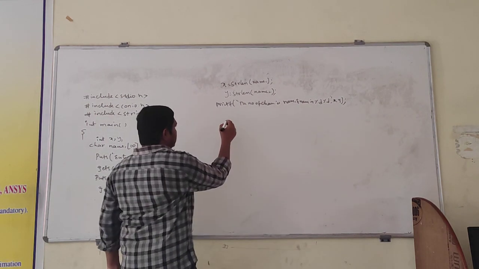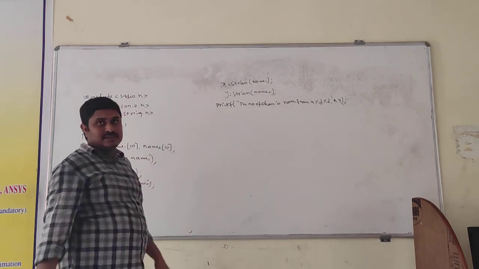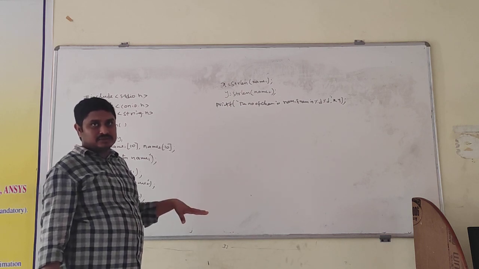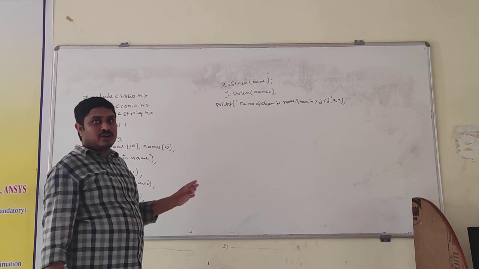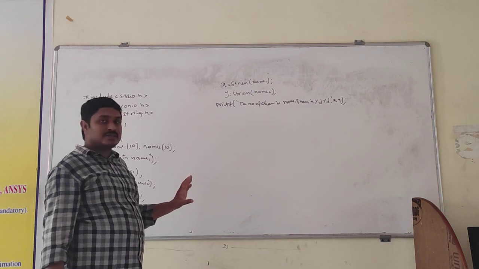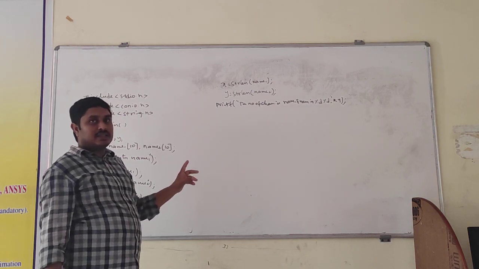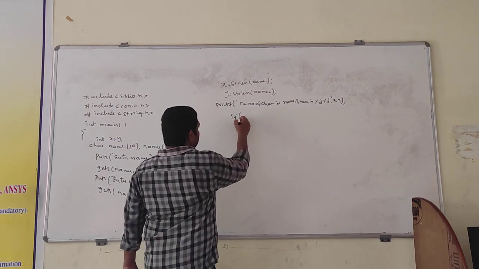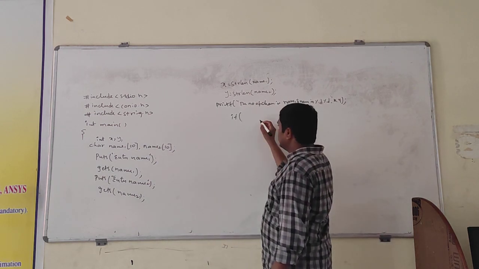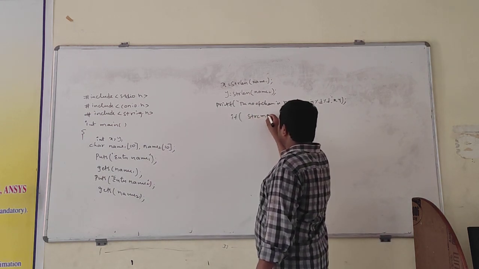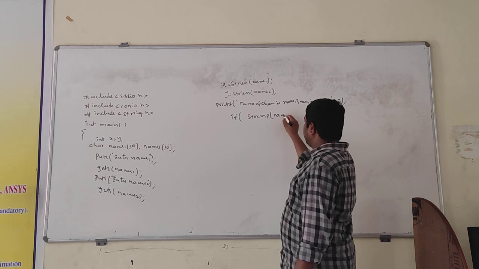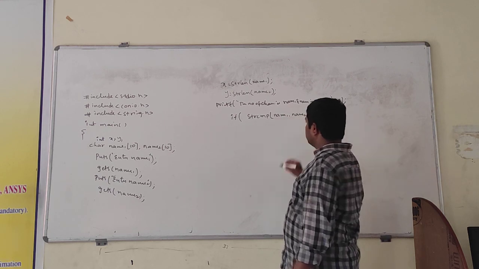String compare. It also returns a boolean value, true or false, either 0 or 1. Okay, binary value. So 0 or 1 means true or false. For the true or false, which statements are we using? That is the if else statements. If strcmp of name1, comma name2.